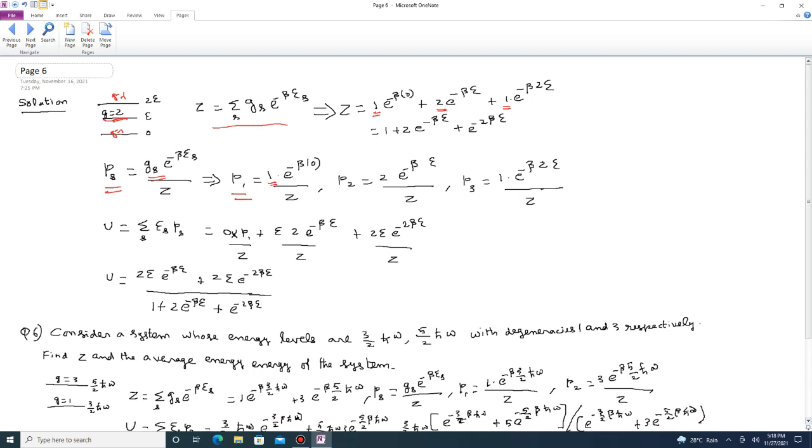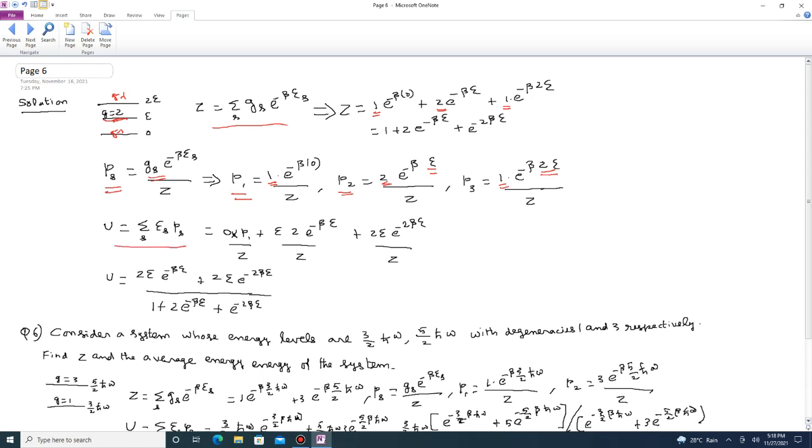So 1 into e^(-beta into 0) whole divided by Z. And the second term, let us calculate P2, where g2 is equal to 2 and the energy is E. So 2 e^(-beta E) divided by Z, and P3 is equal to 1 into e^(-beta 2E) whole divided by Z. So P1, P2, P3.